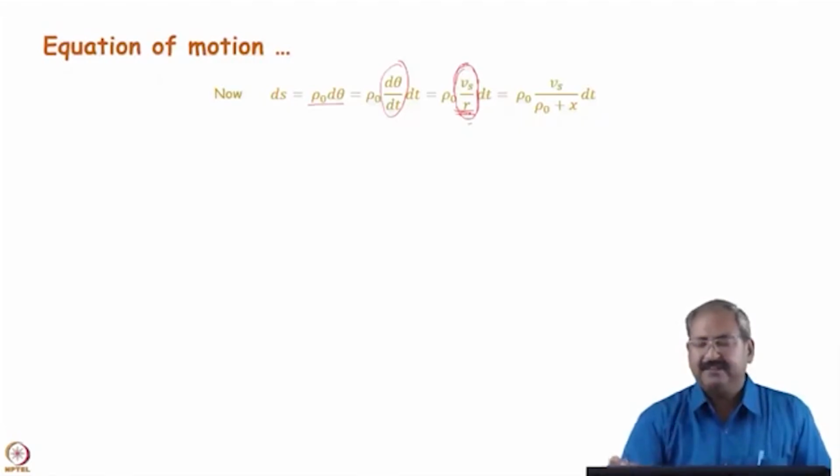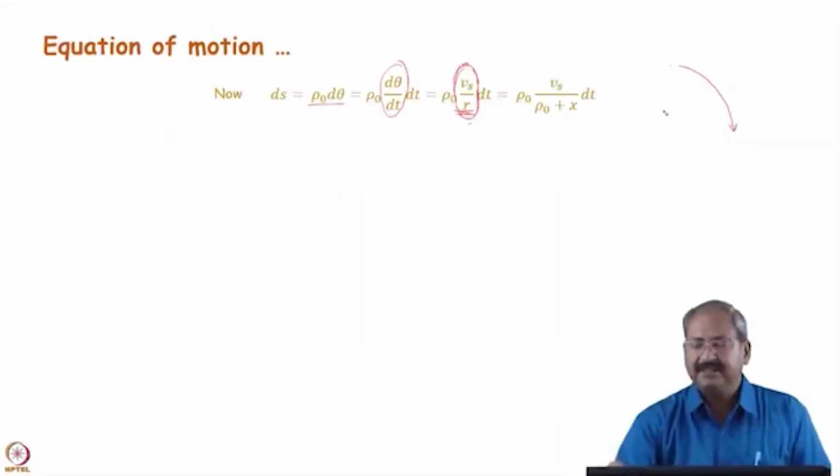We again redraw here the figure. The figure was like this. This is the design trajectory. Here was the center of curvature, and we were taking some deviated particle here, P. This is the y, and this is our origin of the accelerator coordinate system. This is x, and this is s.